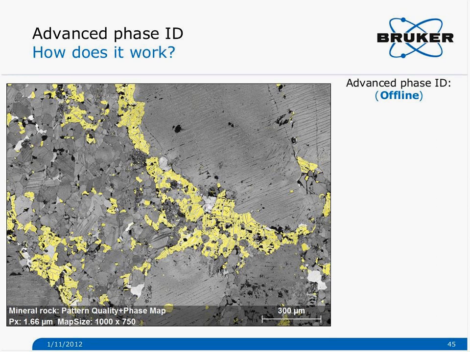So the point here is you can see the results in this presentation today. They have been acquired with a medium resolution mode, which is not too high, but still the quality of data is pretty good.